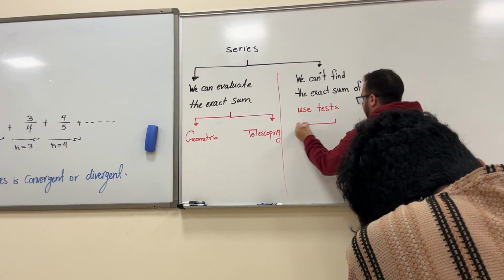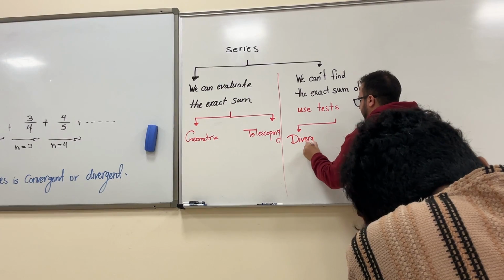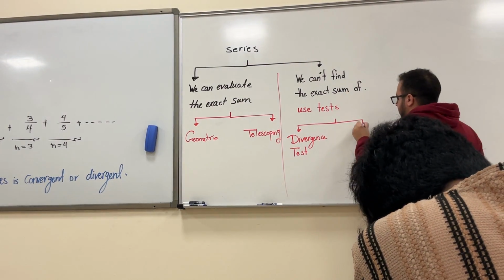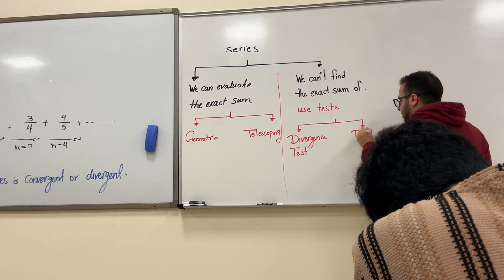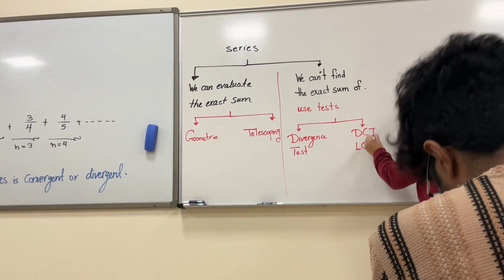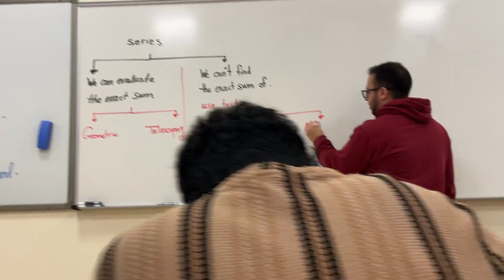In this exam, we have 3 tests, or 4 tests. Divergence test, and then DCT, the same one we did in 7.8, and we have LCT as well, and we have the alternating series test.